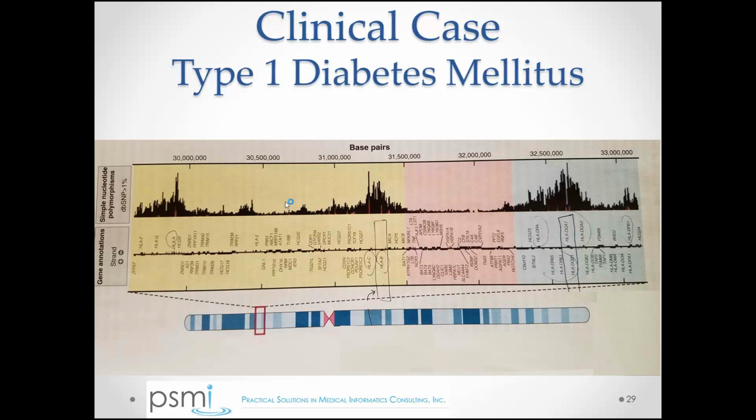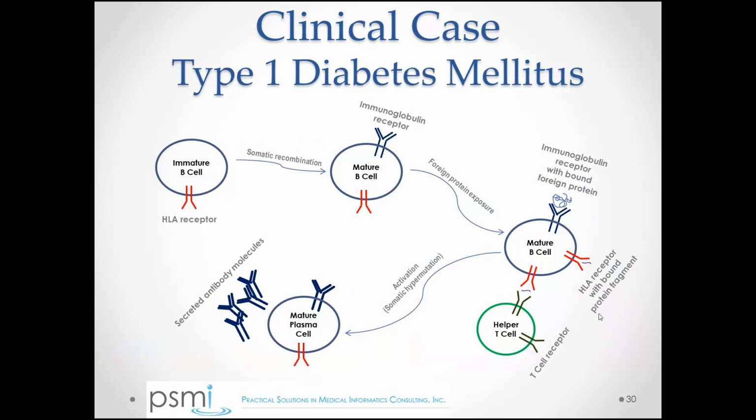So this tremendous polymorphism in the HLA region helps explain why each of us have different substances that we react to.